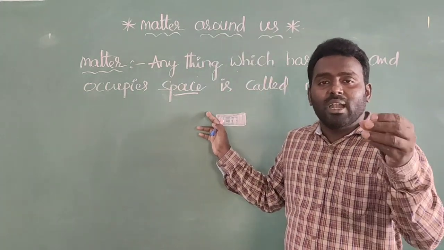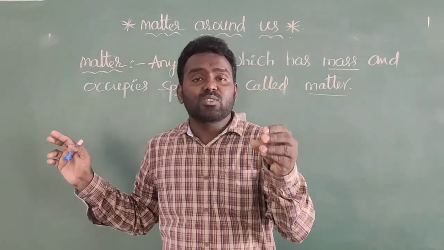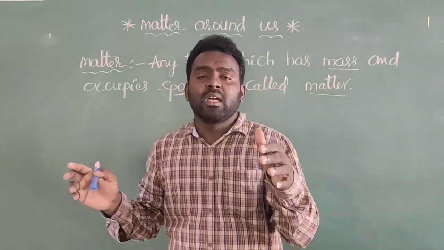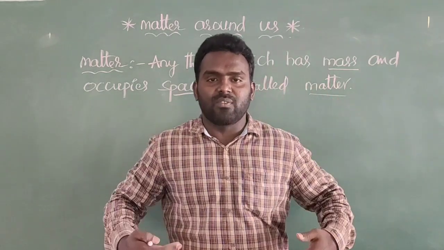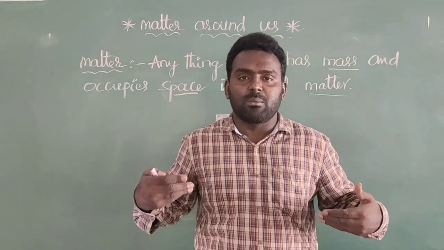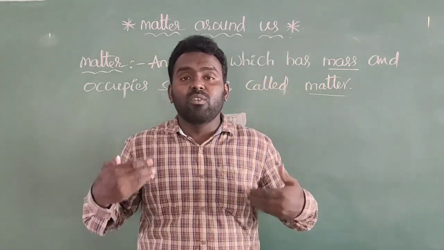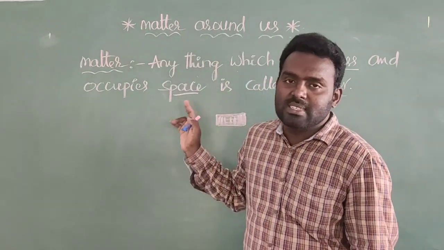Why? Because all these materials contain mass and occupy some space in nature. Ourselves also are matter, because we contain some amount of weight and we occupy some space. That is why it is called matter.